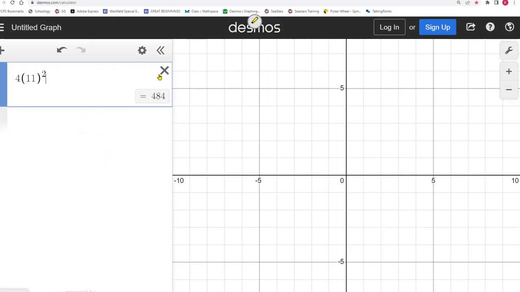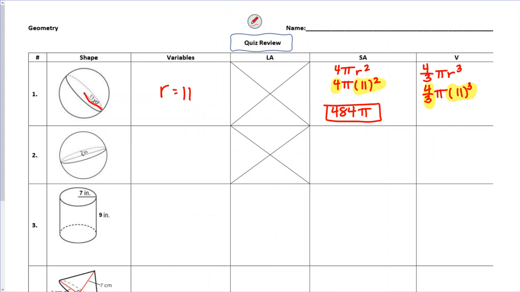So 4 over 3, skip pi, 11 to the third, 1774.66. The volume is 1774.66 pi. Pi is in the formula. Pi needs to be in the answer.